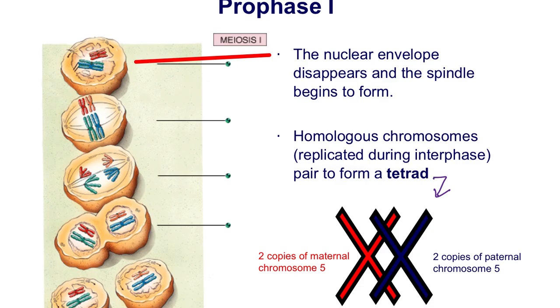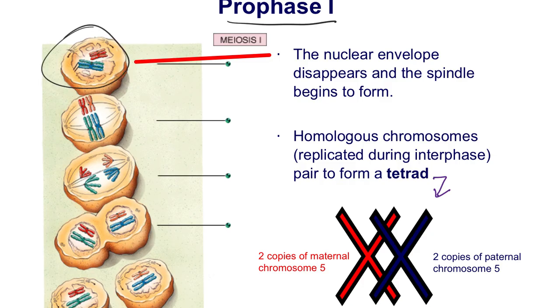Now, both meiosis 1 and meiosis 2 have the same kind of stages, names as mitosis. So let's start with prophase. In meiosis 1, I call it prophase 1. The most important thing about prophase 1 is right here.